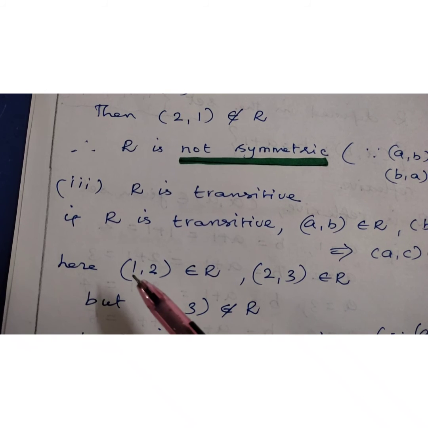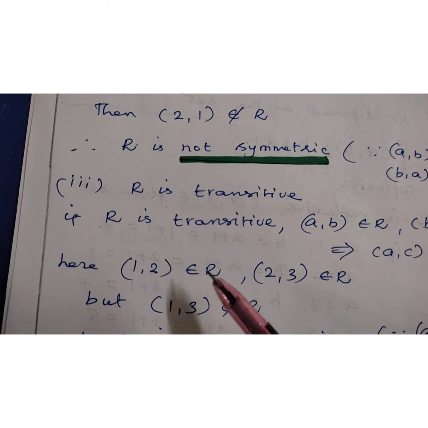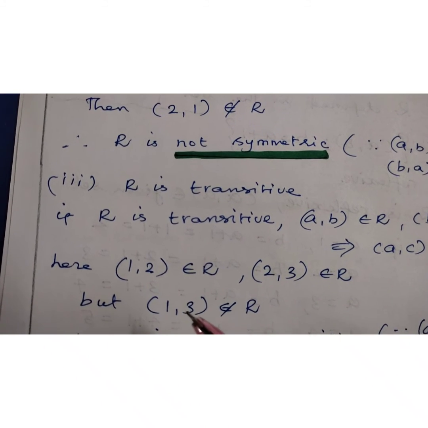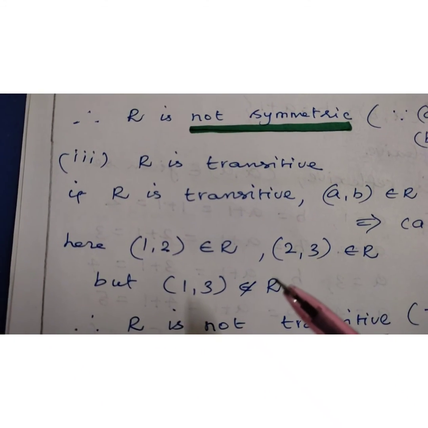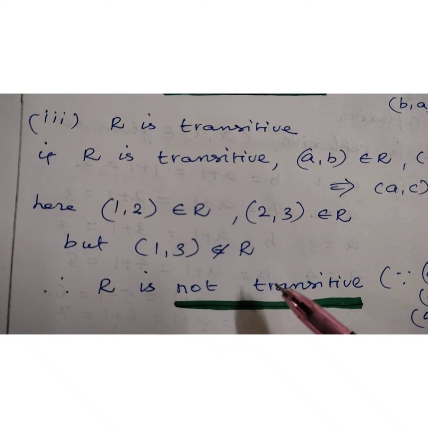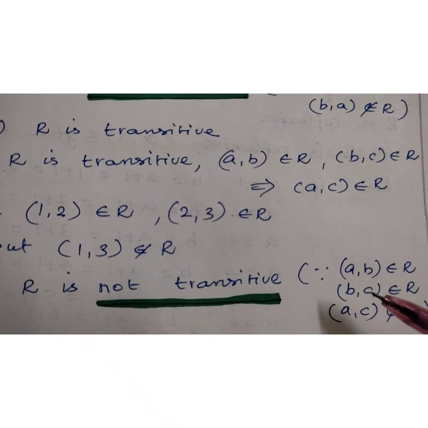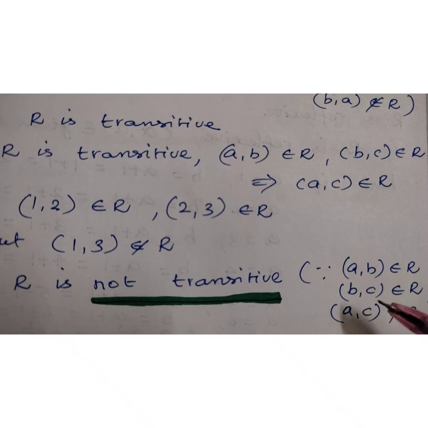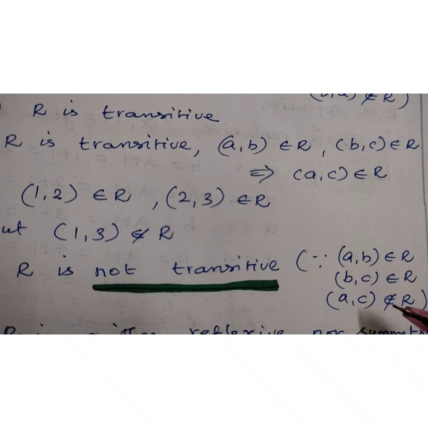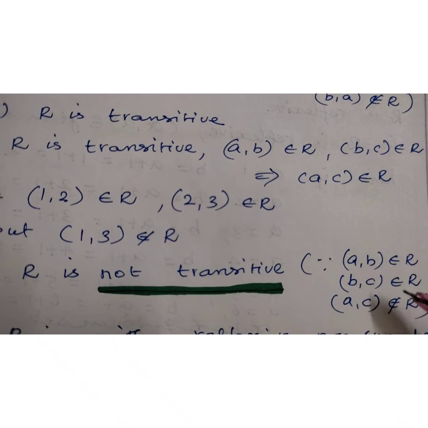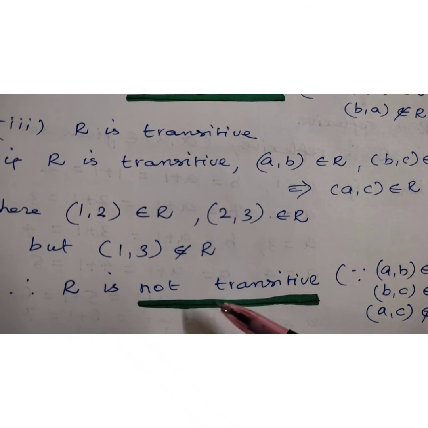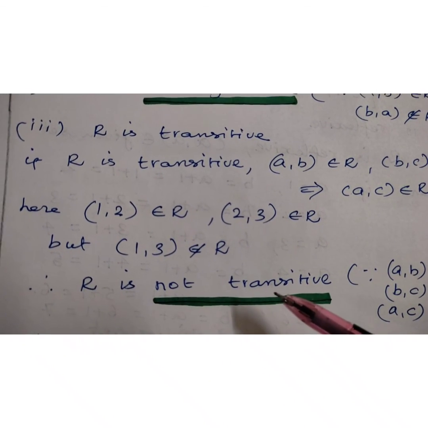Okay, therefore 1 comma 2 belongs to R, 2 comma 3 belongs to R, but 1 comma 3 does not belong to R. Therefore R is not transitive. The reason is A comma B belongs to R, B comma C belongs to R, A comma C does not belong to R. From this condition we have the conclusion R is not transitive.